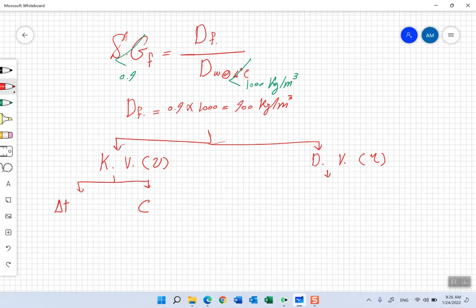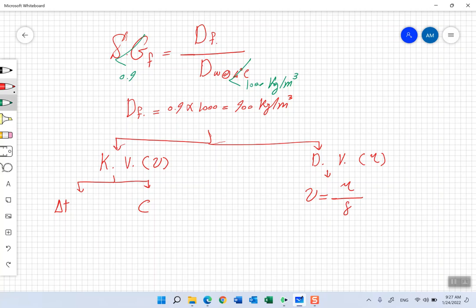So to calculate the dynamic viscosity, you should know the relation between the kinematic and the dynamic. The kinematic viscosity is the dynamic viscosity mu divided by rho.